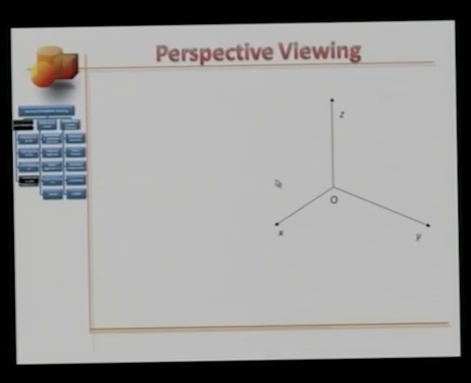Let's start with a three-dimensional Cartesian space. The axes are marked here, and so is the origin. Consider any point P with coordinates x, y, and z. Let's drop a perpendicular or a projection line on the xy plane.